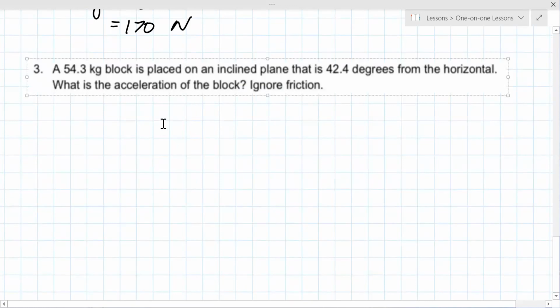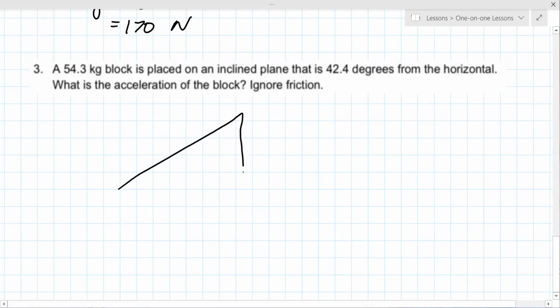All right, a 54.3 kilogram block is placed on an inclined plane that is 42.4 degrees from the horizontal. What is the acceleration of the block? I choose to draw my inclined planes like this. You could just as well see them in the other direction, but we're going to do it this way. So there's a box here.